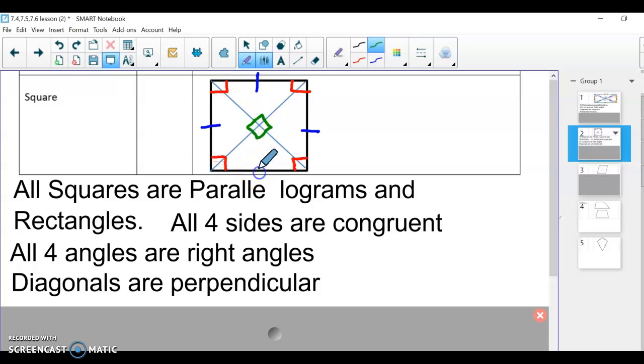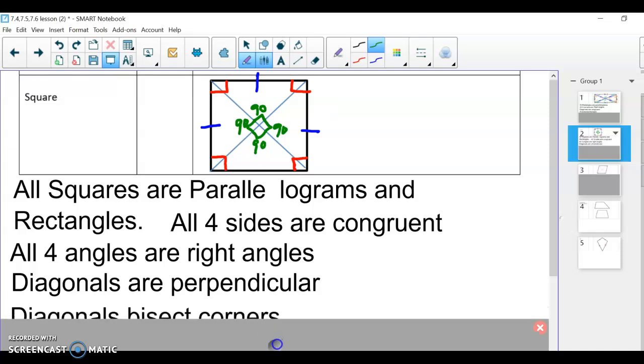So all of these things are 90-degree angles. If you want to write them in, you can. If not, no big deal. I had to go get this fancy pen to write on my computer so that you guys could somewhat read my writing. I tried doing it with just my finger, and that did not work.